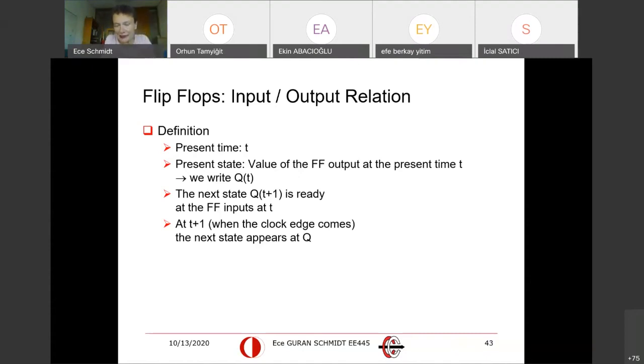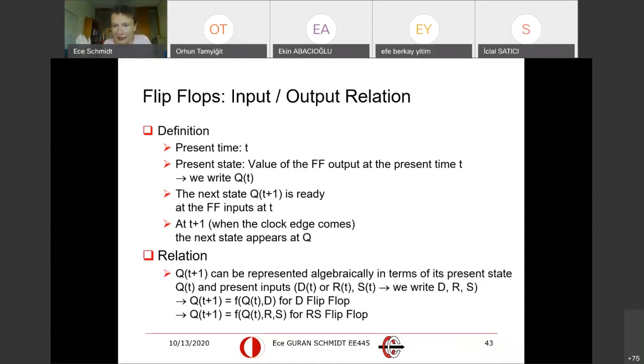So the next state of the flip-flop is ready at the inputs at time t, and then at t plus 1, when the clock hits, that next state appears at the flip-flop output, and the following state for t plus 2 is ready at the flip-flop input. The timing, I will come back to this.